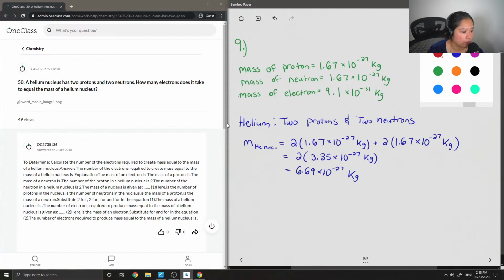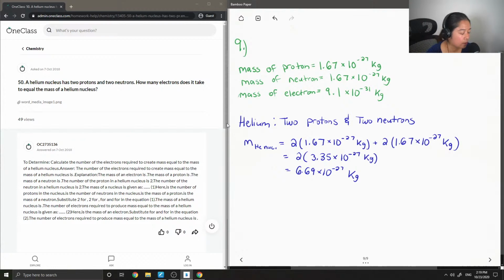Okay, so now for the part of the question, how many electrons does it take to equal the mass of a helium nucleus? So we can have X, what we're looking for, equal to the helium nucleus mass over the mass of 1 electron.